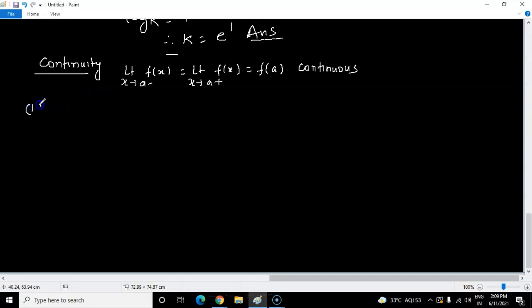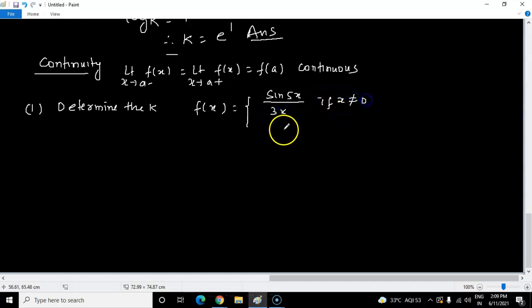So now the question is given here: determine the k for the function f of x is equal to sine of 5x by 3x if x is not equal to 0, and the given value is k if x is equal to 0, is continuous at x is equal to 0.